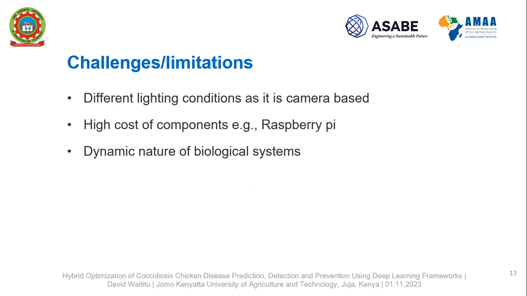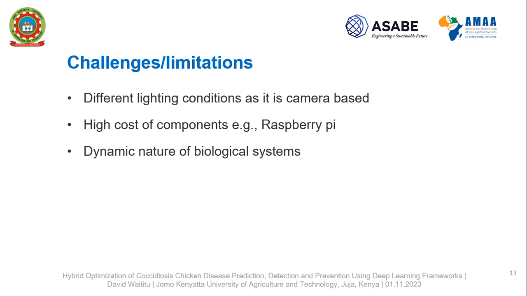We were faced with different challenges and limitations, which include different lighting conditions, as it's a camera-based system, but this can be improved by improving the lighting in the house. Also, the high cost of components, as the Raspberry Pis are a bit expensive, and biological systems are very dynamic. In this case, the chicken environment is very dynamic.